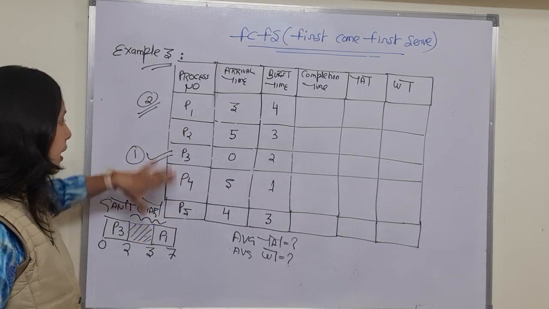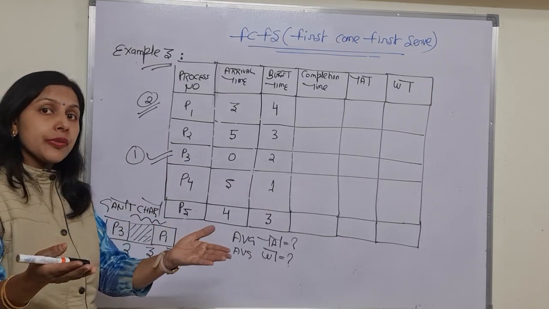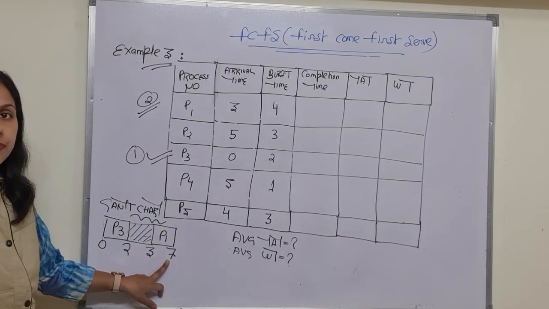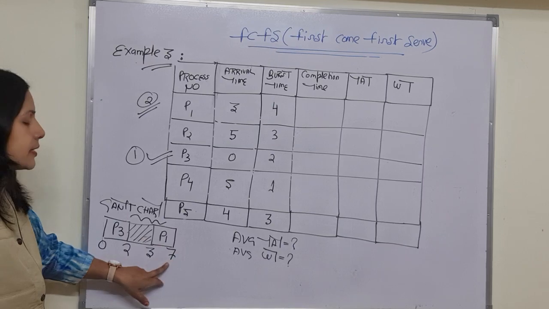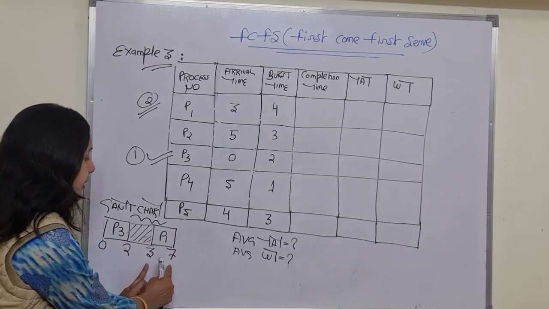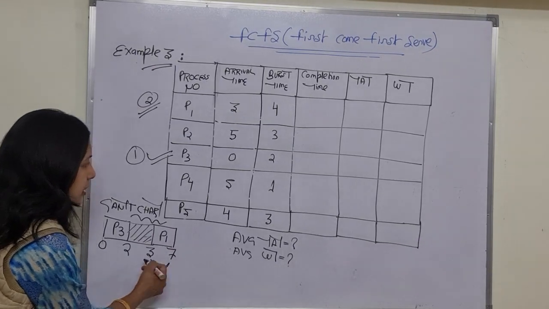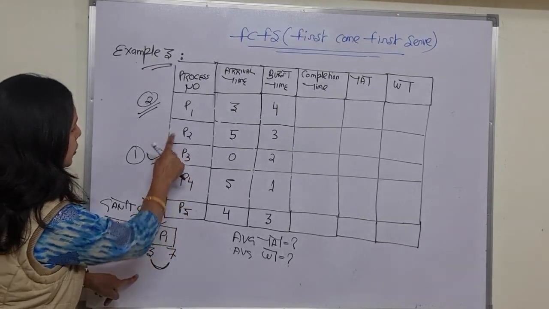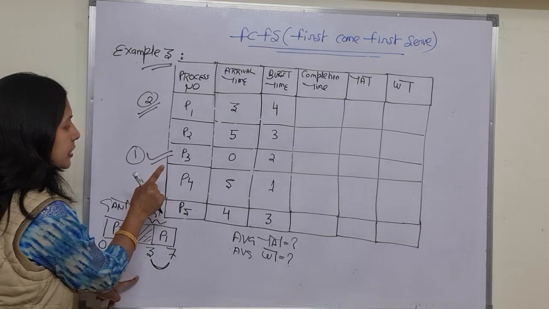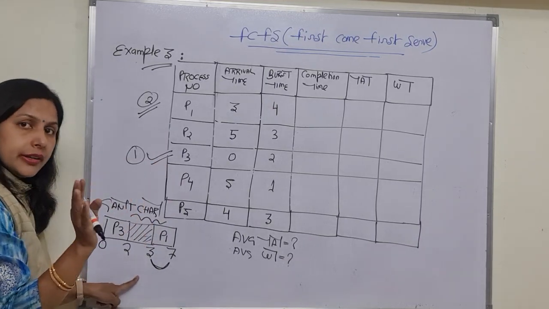These 3 processes are waiting in the ready queue because the time is 7. That means during the execution of process P1, processes P2, P5 and P4 have already arrived.